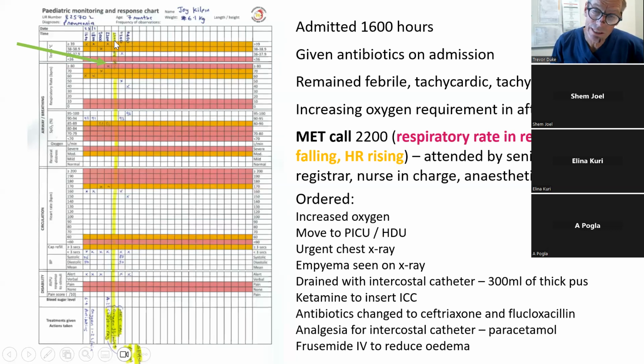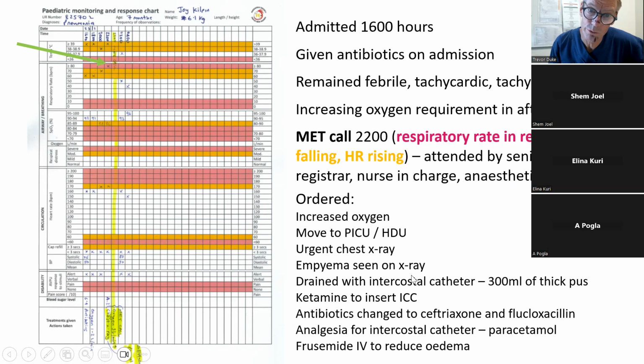And early, about 10 o'clock that night, she got some interventions. So at the MET call, the medical emergency team call, she received increased amounts of oxygen. She was moved to the ICU area in the ward. She had an urgent chest X-ray, and I just showed you the chest X-ray.